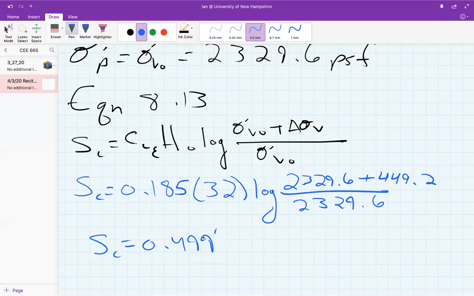So instead of giving this obscure half a foot, we'll say it's 6 inches of settlement. And that will be our answer.